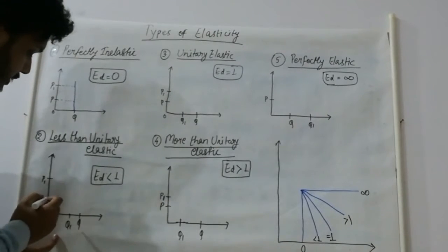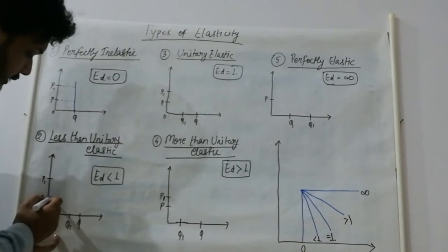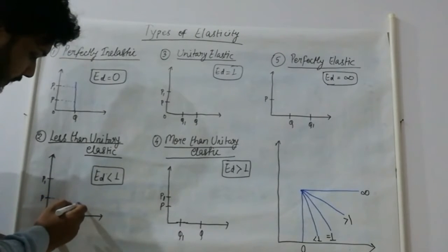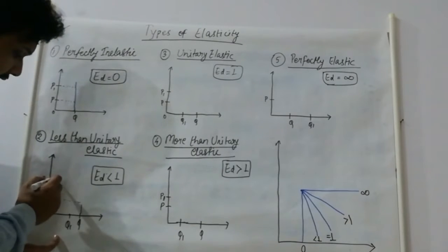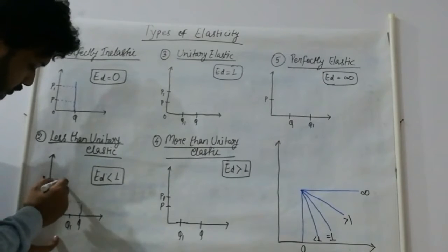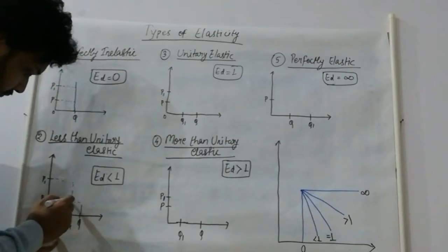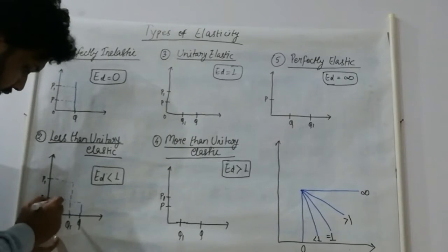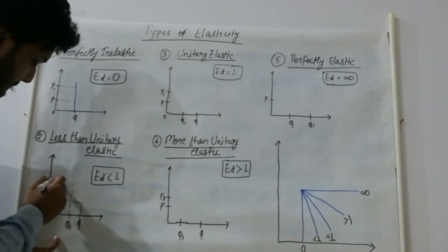When we join the line, see, P original price and Q original quantity, we joined it like this. Then the new price has increased, so the quantity decreased. Let us join these two also. Somewhat it will be made like this.